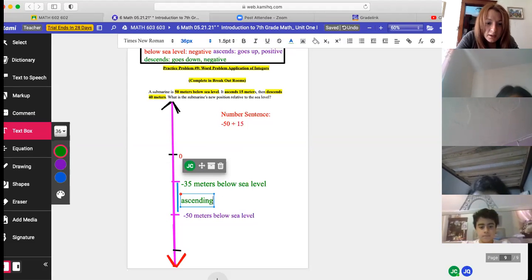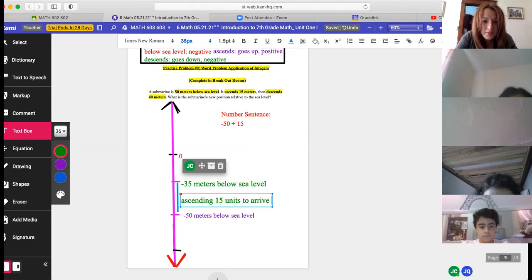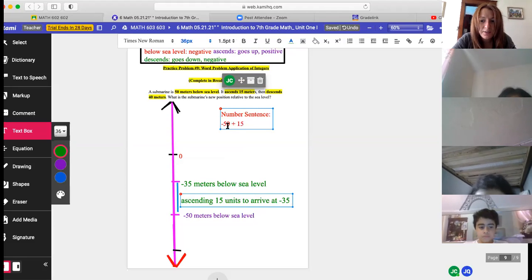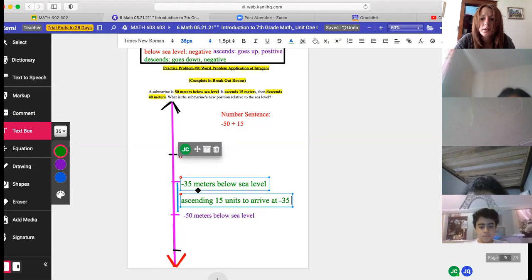Ascending 15 units to arrive at negative 35. We all agree with that, right? Negative 50 plus 15 is negative 35 in green, yes?